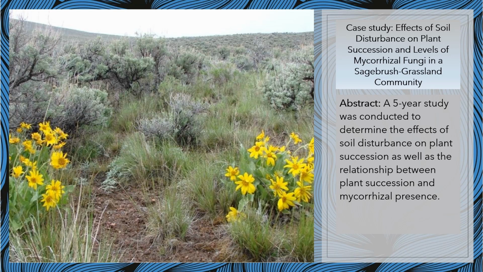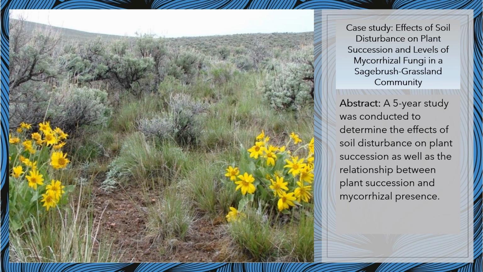And so there was a case study that looked at the effects of soil disturbance on plant succession and the level of mycorrhizae in the soil. This was conducted by faculty and research associates of Colorado State University's Department of Range Science and Department of Botany and Plant Pathology in 1976.